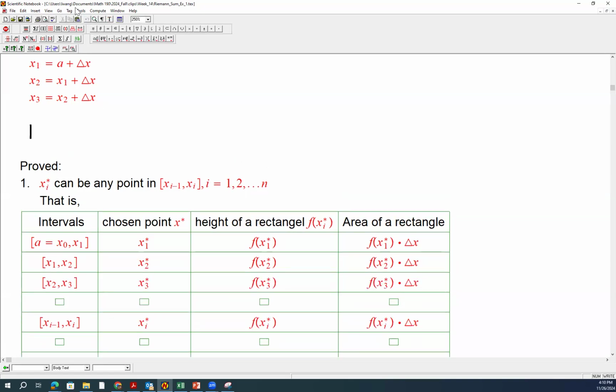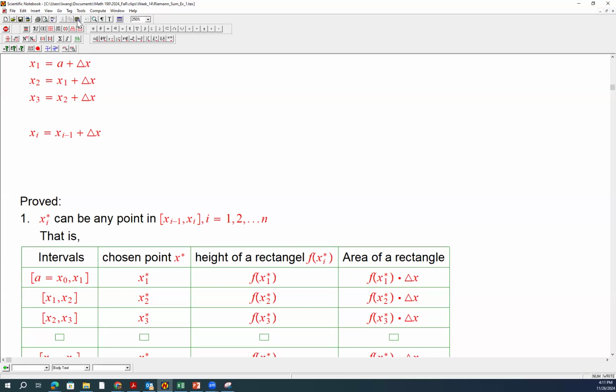So x sub i is x sub i minus 1 plus delta x, and all the way to x sub n, which is x sub n minus 1 plus delta x. We see this pattern. I'm going to put this pattern in a table later.